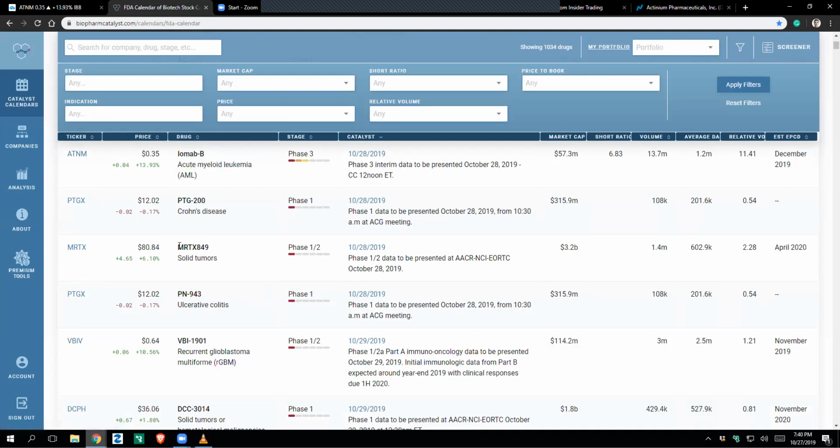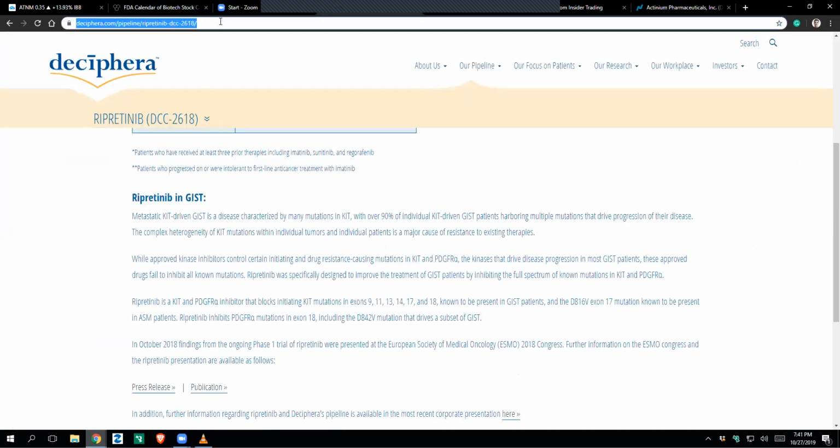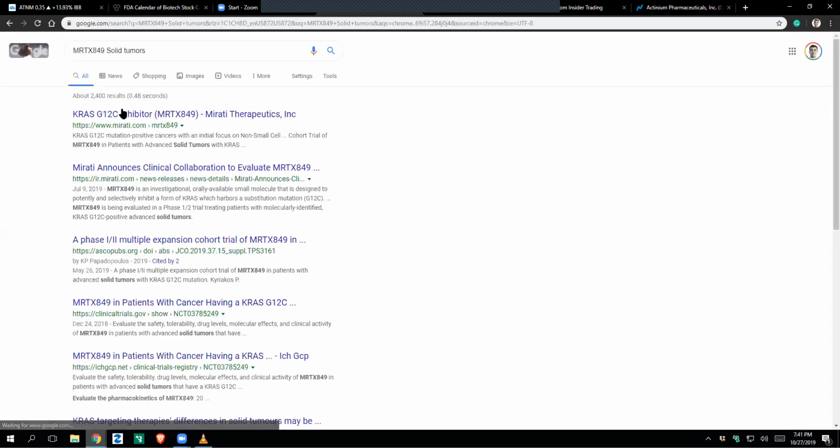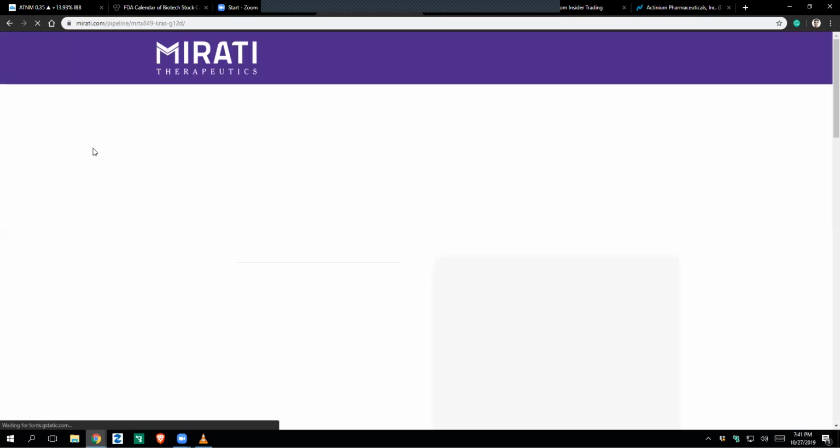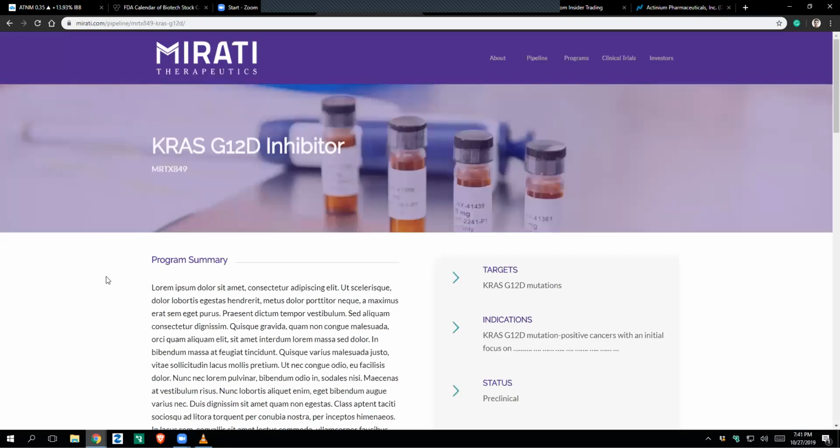Let's look at this one, Mirati. This is interesting. Mirati has been in the news due to its KRAS G12C inhibitor, which recently Amgen also came up with their molecule.